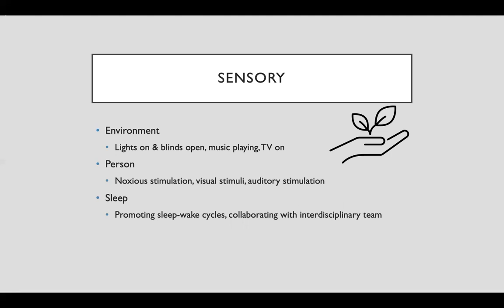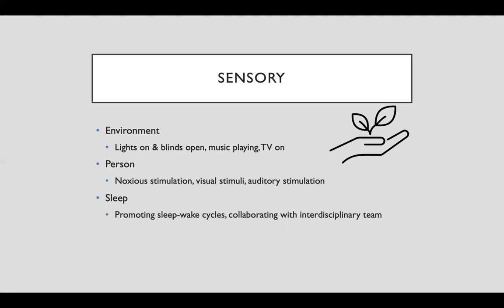Another sensory intervention idea may be applying interventions to facilitate a response from the person. And these interventions may include noxious stimulation, such as pinching different parts of the body to facilitate a response, and seeing if the response is different on different areas. Pressure to the nail bed. And so thinking about loud claps and things like that too, to apply some of that noxious stimulation to the person.